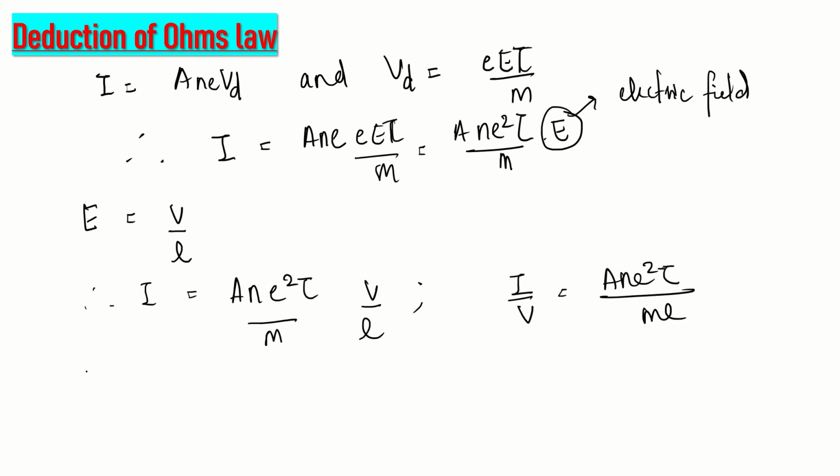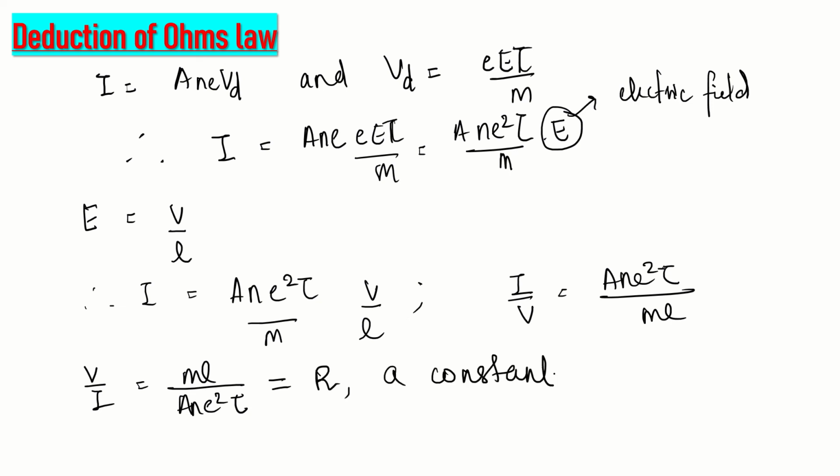Now I'm going to take the reciprocal. So V by I is mL by nAe squared τ. And this is equal to R, which is a constant. We can write this is Ohm's law. This is how you deduce an expression for your class 12 Ohm's law. R is equal to this.